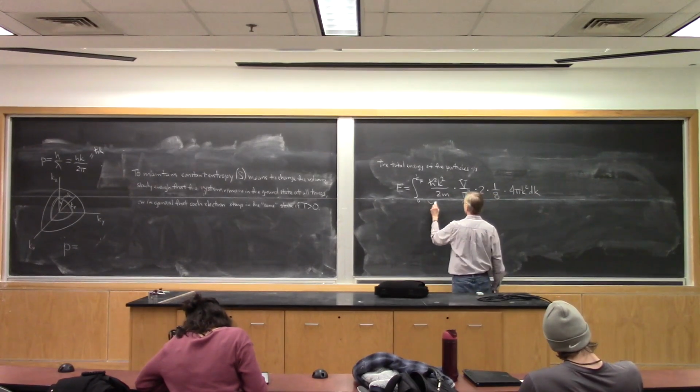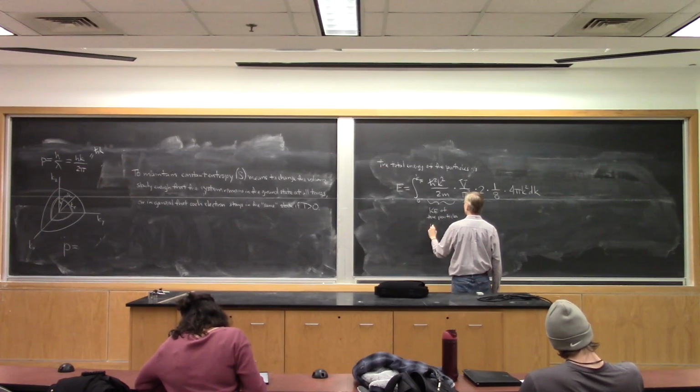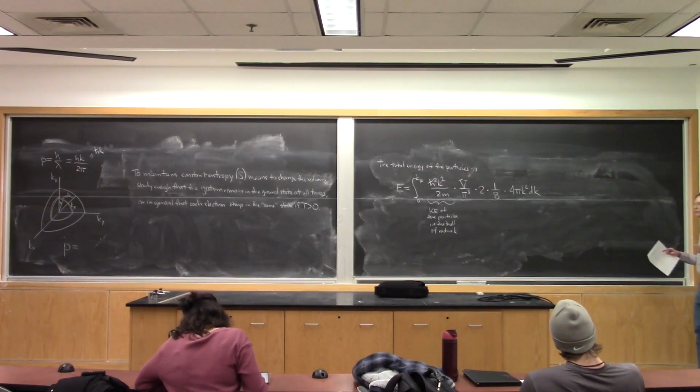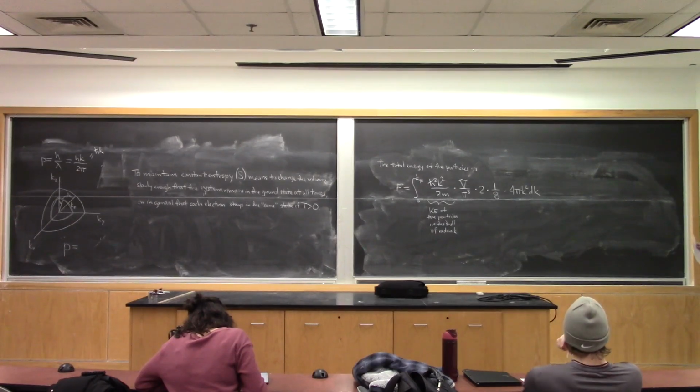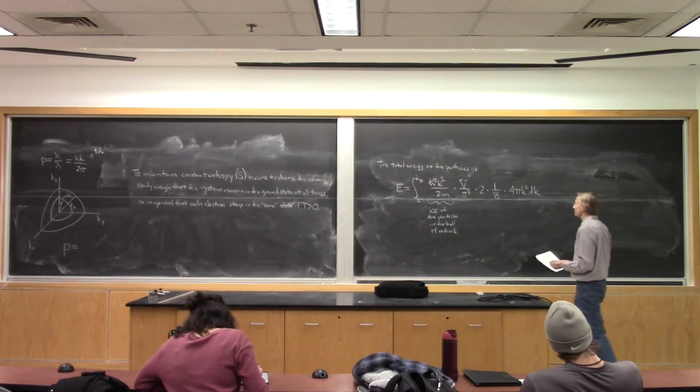So this is the KE of the particles in the shell of radius k. Now again, k space is this abstract space. It's not physical space. The particles aren't literally on this surface in real space. In k space, in this abstract space, they're living in that little thin shell. Their wave functions are defined by k's that are in that little thin shell. So there's the KE of the particles in the shell.